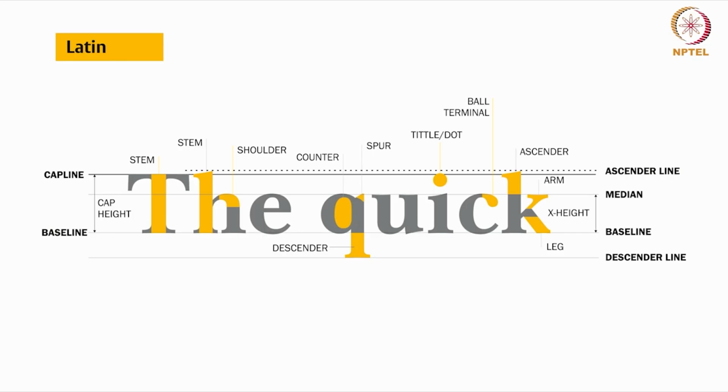For example, this is the baseline, the invisible line where most of the letters sit.